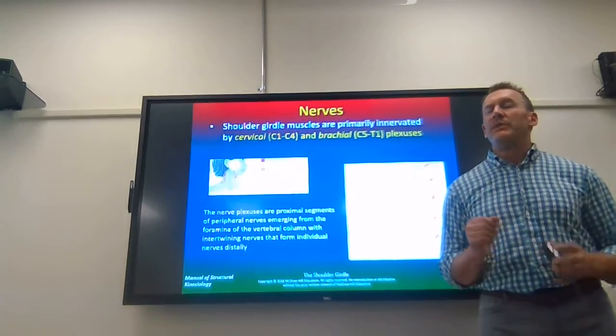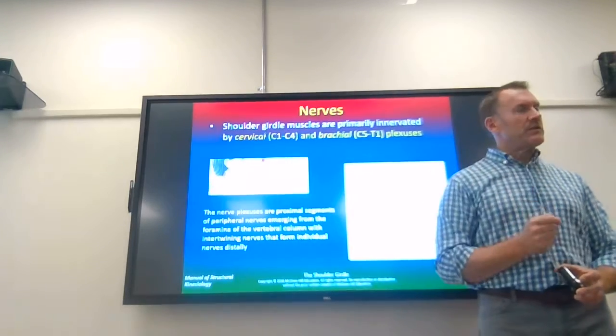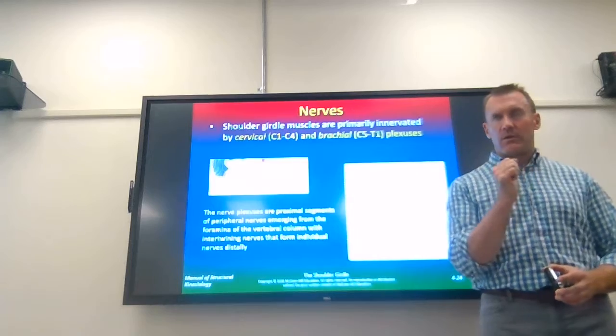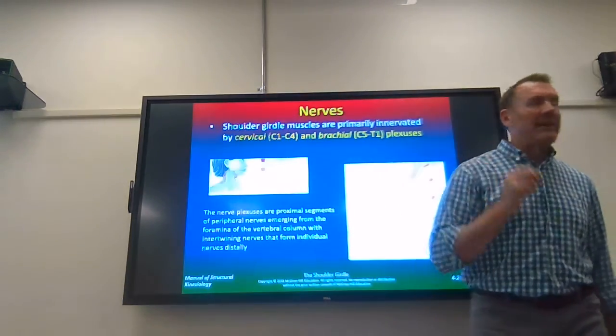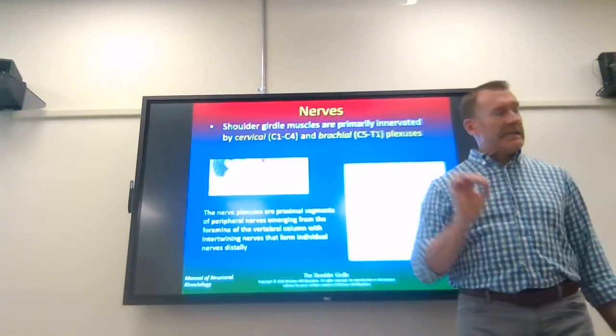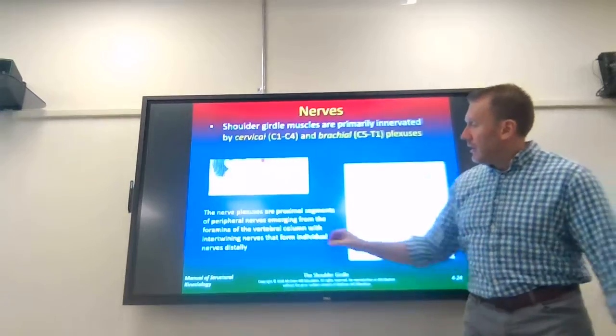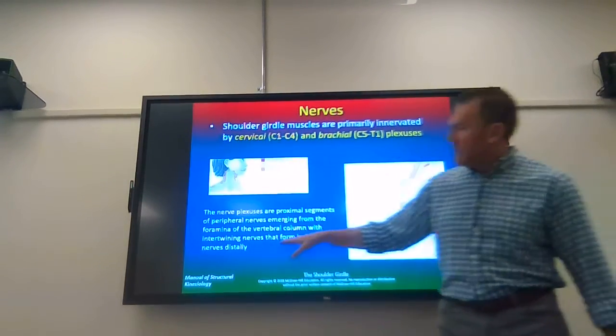Proximal means close to the spine or away from the spine? Close, yeah, close to the center, the core of the body. So emerging from the foramina, what's a foramina? It's a hole. Yeah, that's how the nerves get out from the spinal cord of the vertebral column, with intertwining nerves that form individual nerves distally.